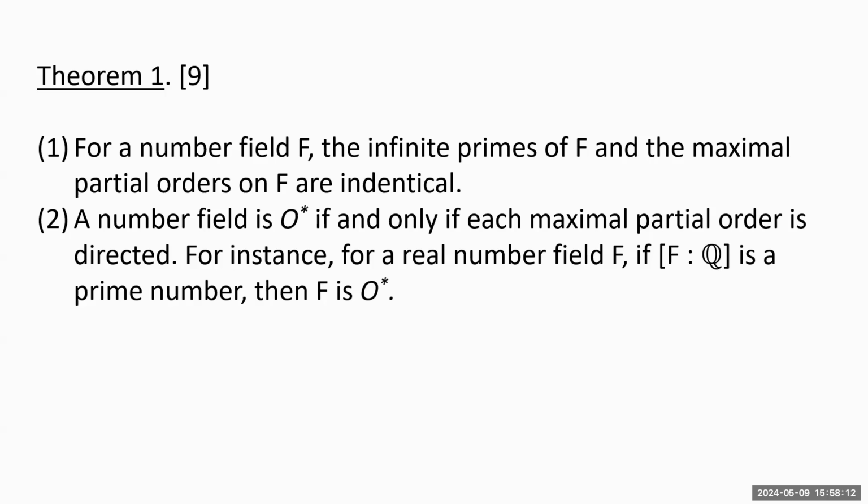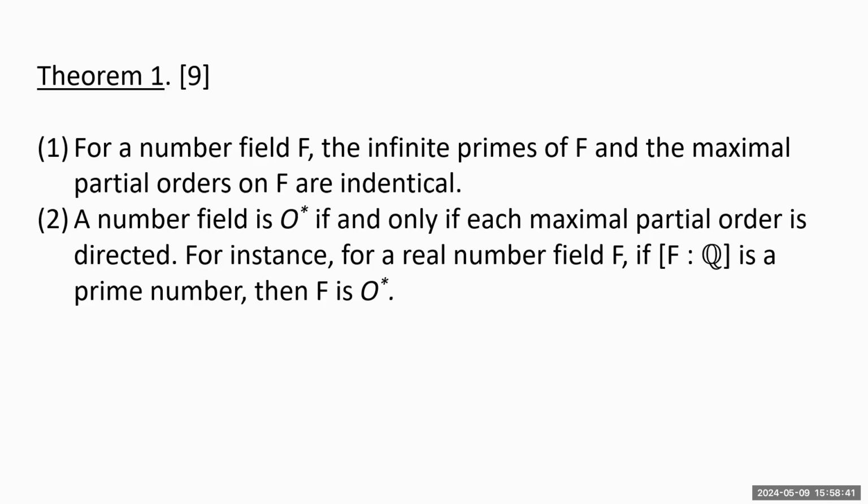Using this result, we can give some conditions for a number field to be O star. One condition: a number field is O star if and only if each maximal partial order is directed. If the number field is O star, then a maximal partial order contains a total order, so it must be equal to it. But a total order is directed, so this direction is true.